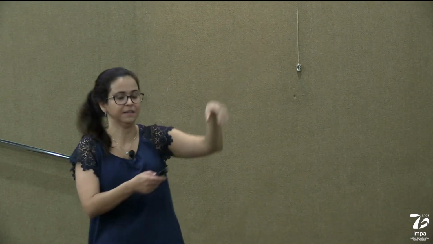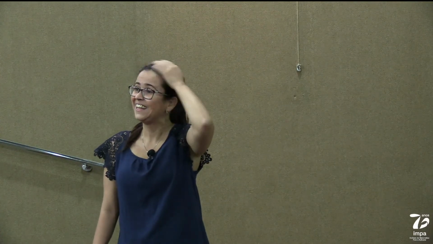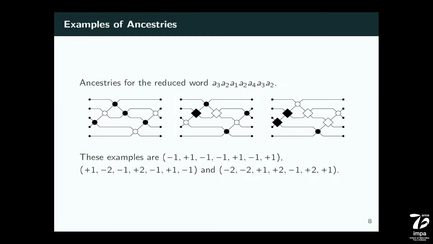For codimension 0, how do you get the 4 to the power of L? So any combination of diamonds or circles, black or white, is allowed? Then ancestries don't have any condition? No, sorry. Just for this one, I have 2 to the power L ancestries of dimension 0.